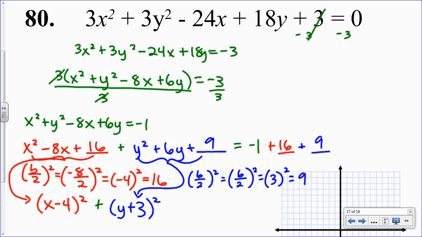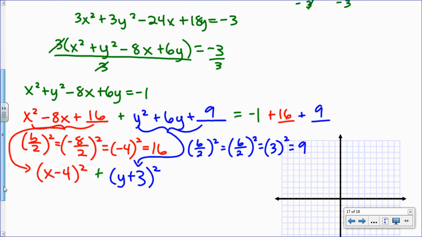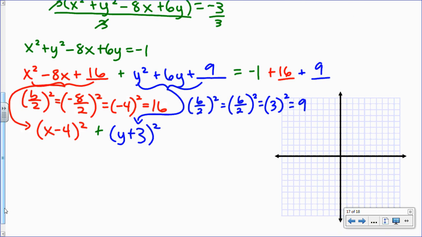Okay. And then I have to combine my like terms here on the left. Negative 1 plus 16 plus 9. 24. Okay. There's my standard form.